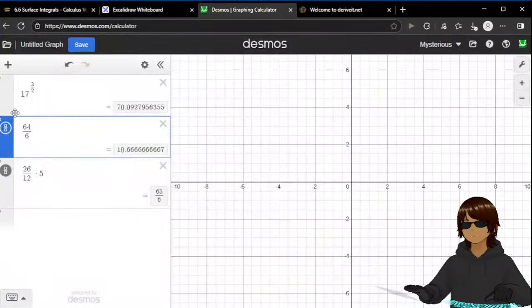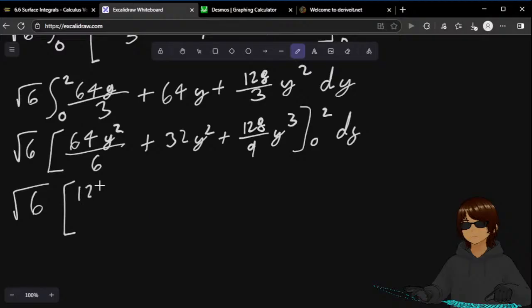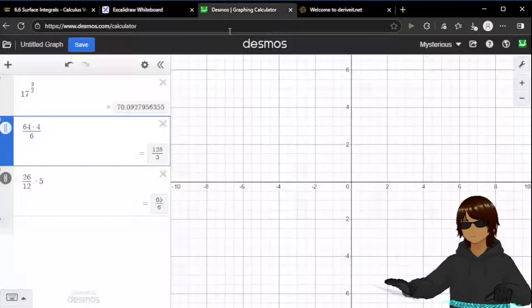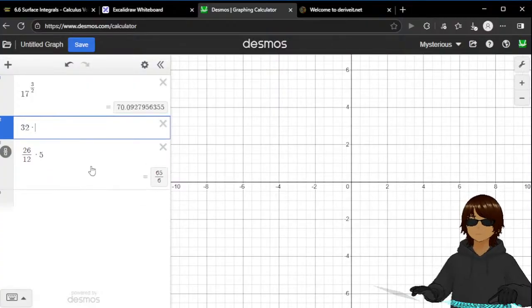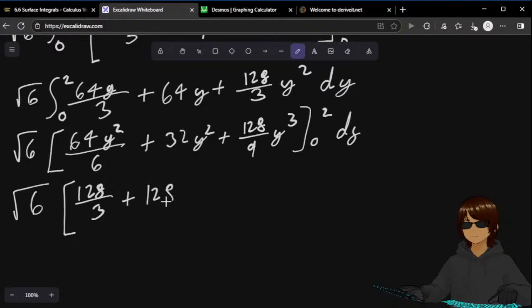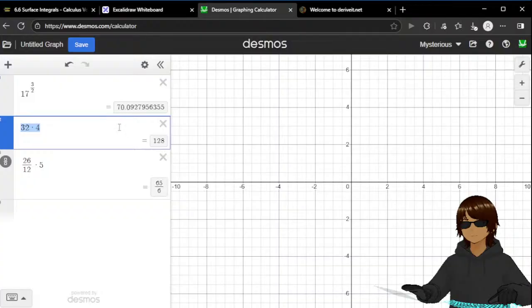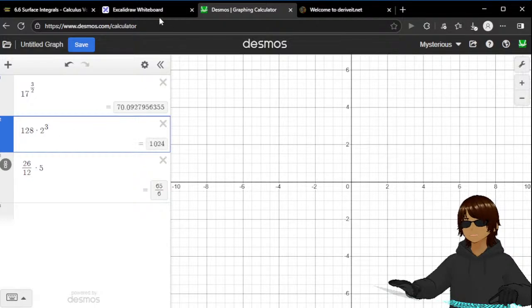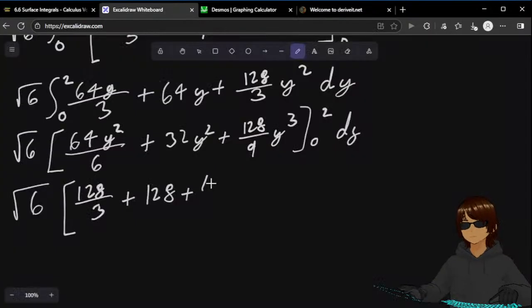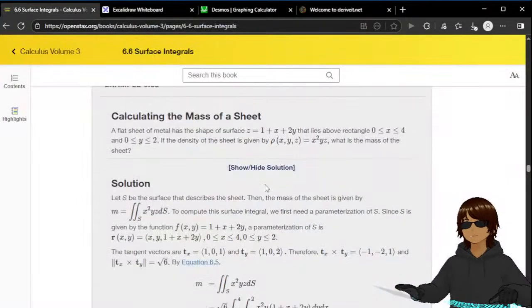Times it by 2 squared, 4 times 4. 128 over 3, 32 times 4, 128. 128, 4 cubed, 2 cubed, or 128 times 2 cubed over 9. 1024 over 9. Yeah, whatever the sum is.